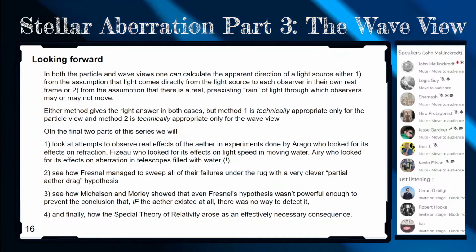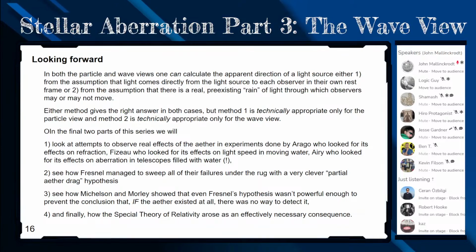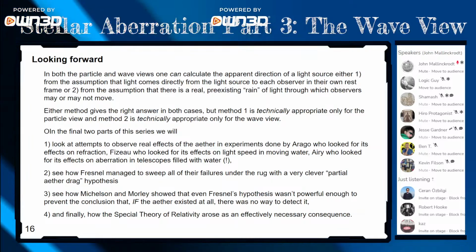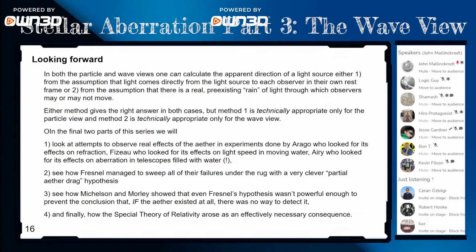And I shouldn't really say that. I guess that's not the right way to say it. But Fresnel did manage to sweep the failures to detect the ether under the rug with a really clever hypothesis of what's called the partial ether drag hypothesis.